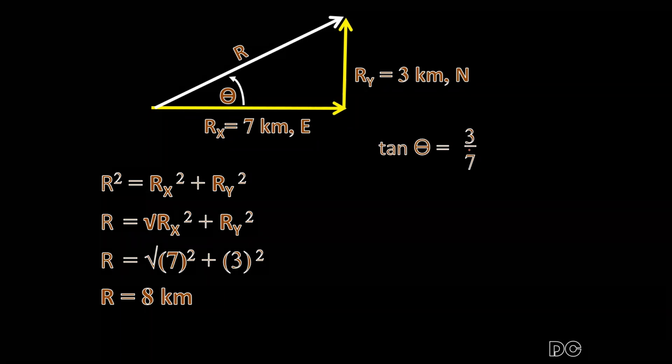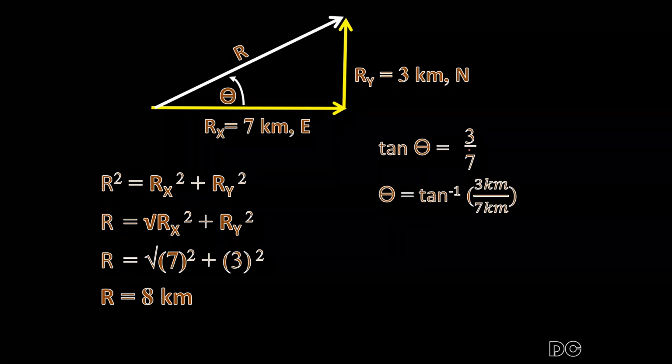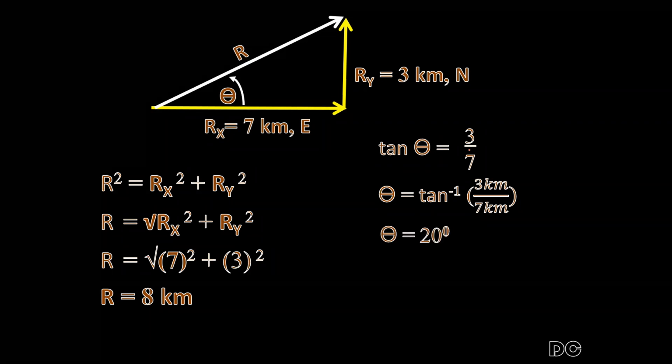So tan theta is equal to the opposite, which is the R sub y, over the adjacent, which is the R sub x. So 3 divided by 7. So theta is equal to arctan of 3 kilometers divided by 7 kilometers. And that is equal to 20 degrees.